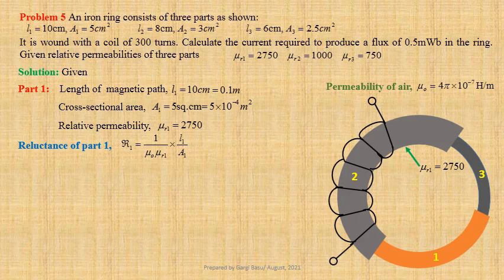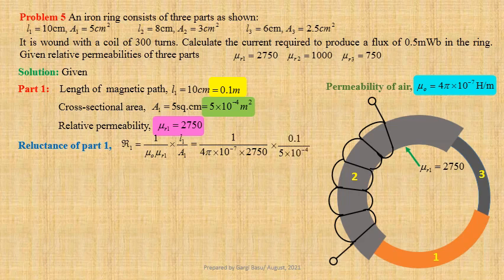Therefore, R1 equals 1 upon 4 pi into 10 to the power minus 7 into 2750 into 0.1 by 5 into 10 to the power minus 4. That gives us 5.7875 into 10 to the power 4 ampere turns per Weber.